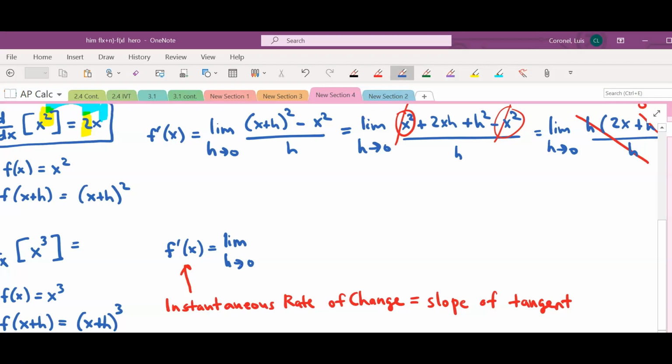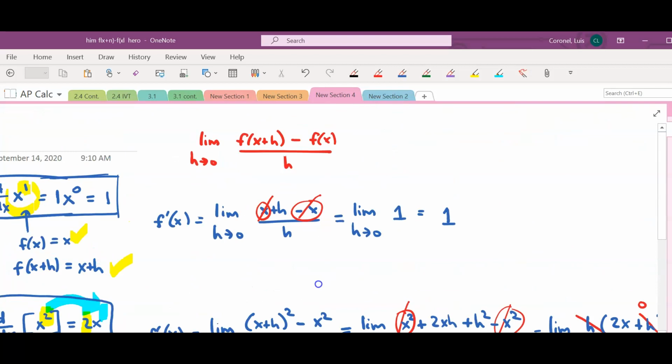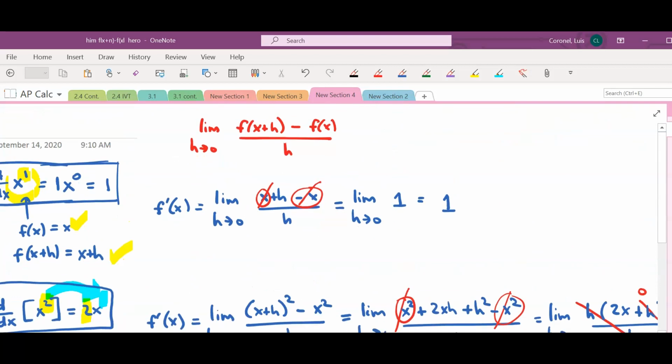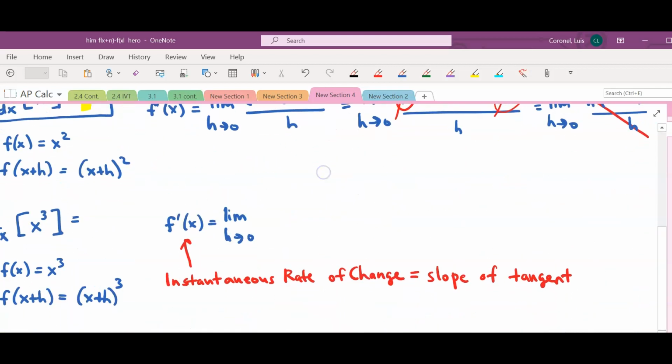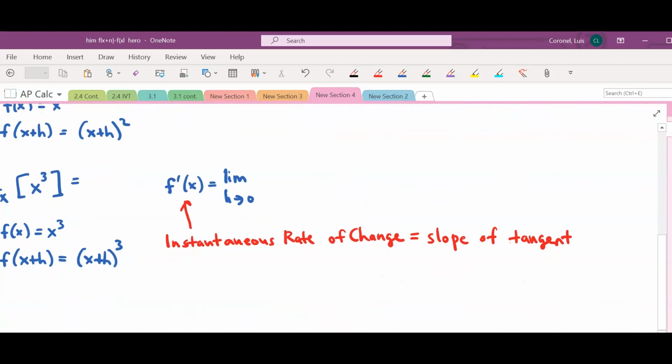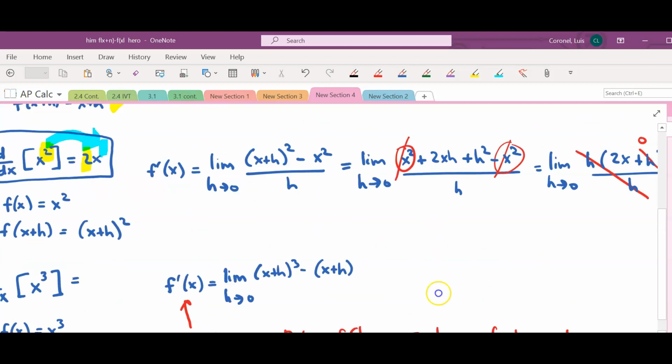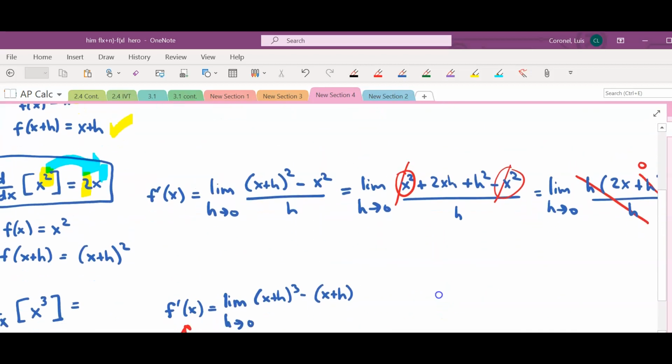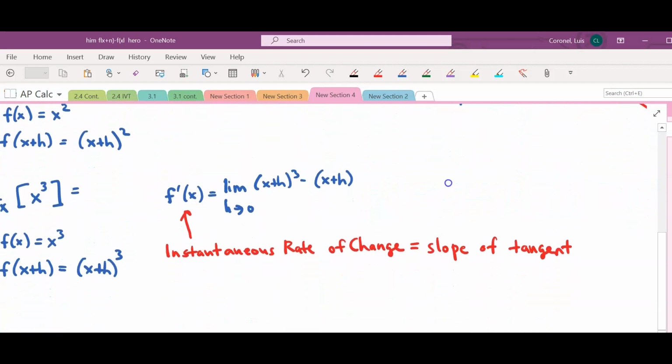So we are going to start with a formula. It says f of x plus h goes first, minus f of x. F of x plus h is that cubic, minus f of x. And f of x, I did this too fast.